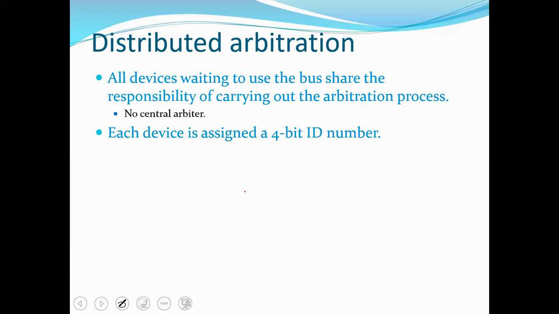Okay, so as you know, bus arbitration is the process of selection of the next bus master, and transfer of the bus mastership. So all the devices who are requesting for the bus are involved in the bus arbitration process. Okay, there is no central arbiter.